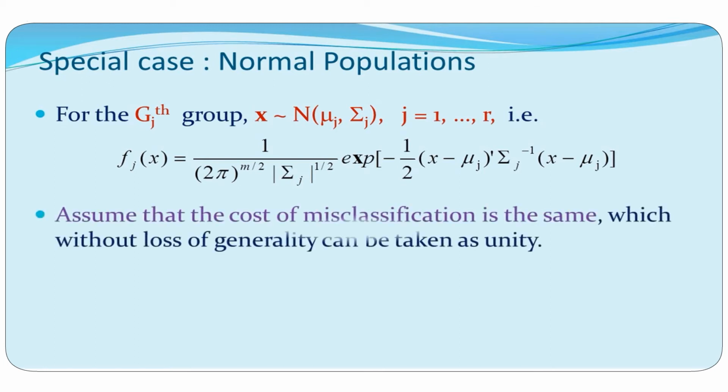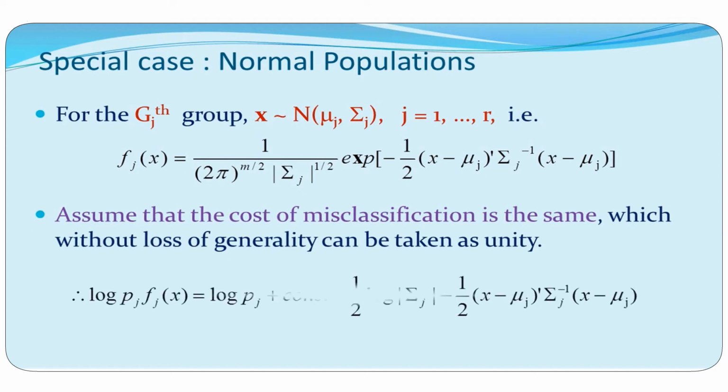And if we assume that the cost of misclassification is the same, which we can without loss of generality take to be equal to 1, then the rule of p_j f_j(x) can be written as log of p_j f_j(x).